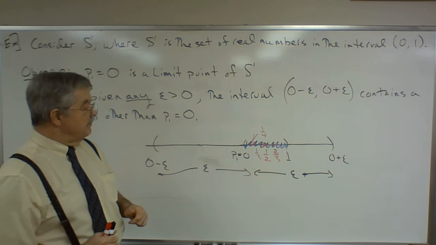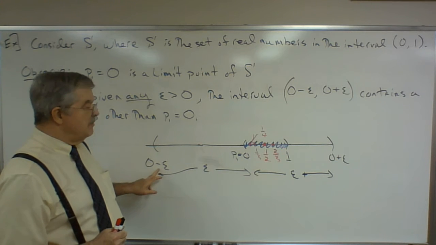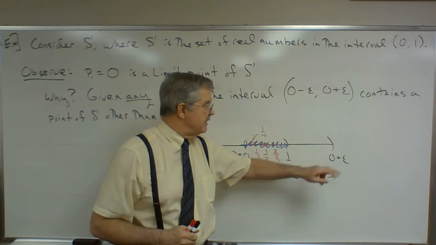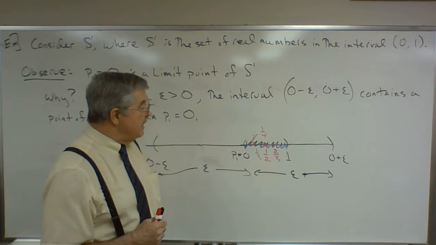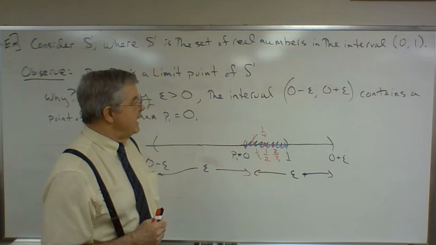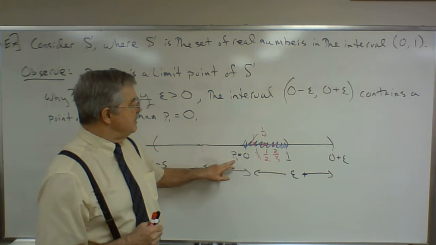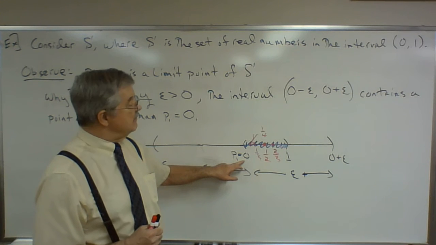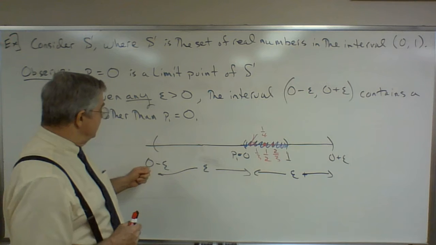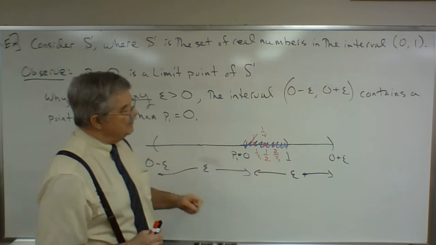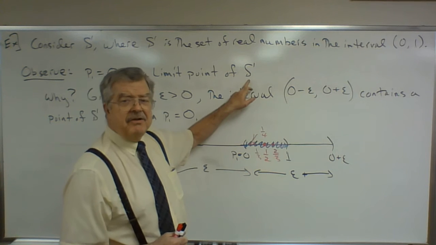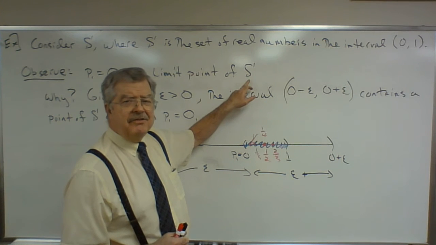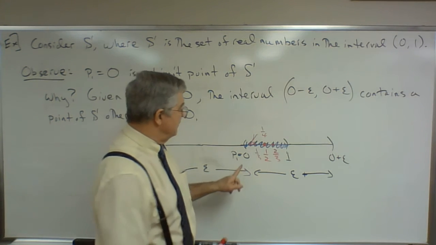So this interval from 0 minus epsilon to 0 plus epsilon contains infinitely many points of S other than P1 equals 0. As a matter of fact, this interval contains the entire set S itself, doesn't it?